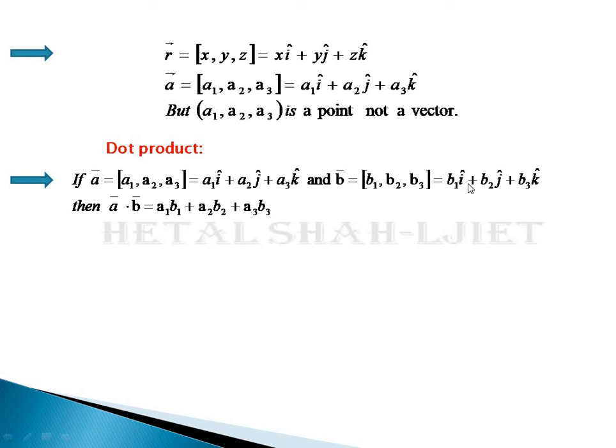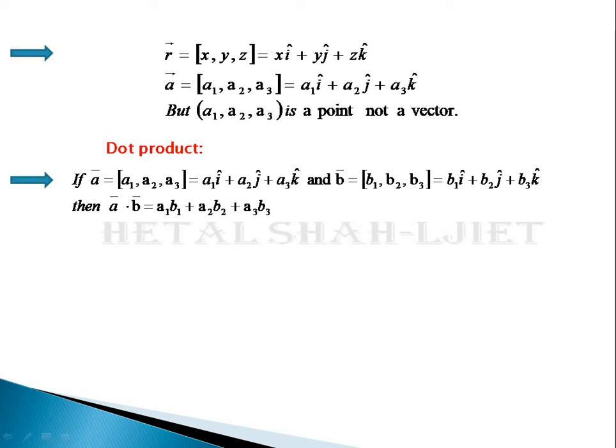I cap dot i cap is 1, so a1 b1. Similarly, for the second term, a2 j cap dot b2 j cap, j cap dot j cap is 1, so a2 b2, and similarly a3 b3. This is very important for you, so please remember it. A bar dot b bar, this is the usual general formula for dot product.